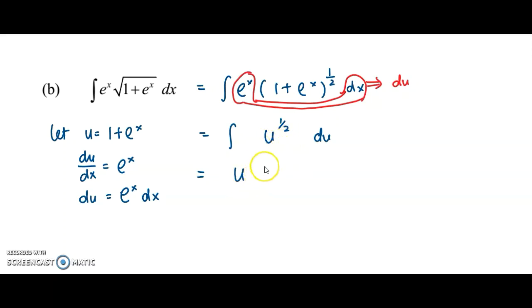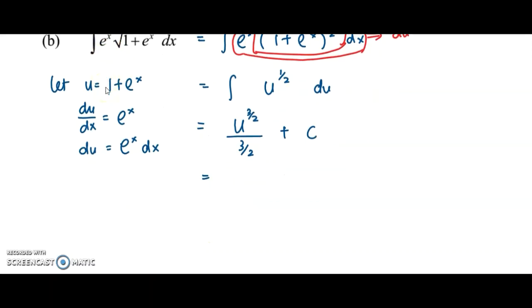To integrate u to the power of 1 over 2, you increase the power by 1, so 1 over 2 plus 1 gives 3 over 2. And don't forget to divide by 3 over 2. Then you have to add the constant c because this does not involve a lower limit and an upper limit.